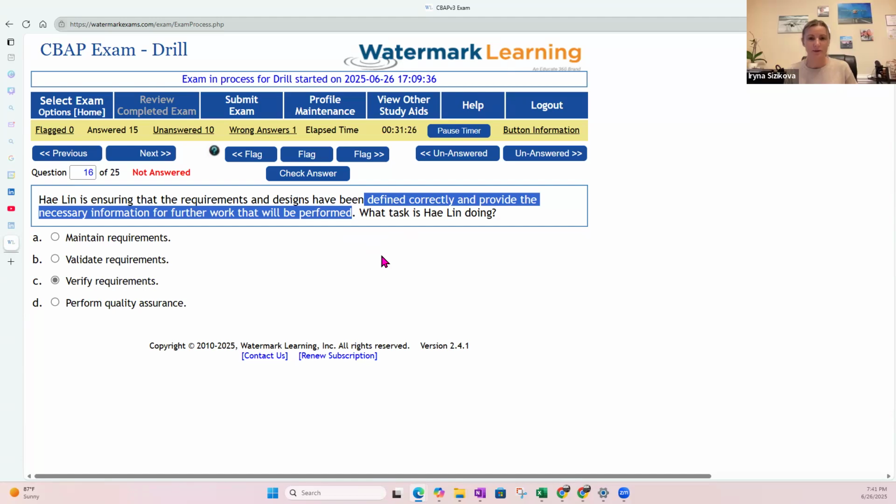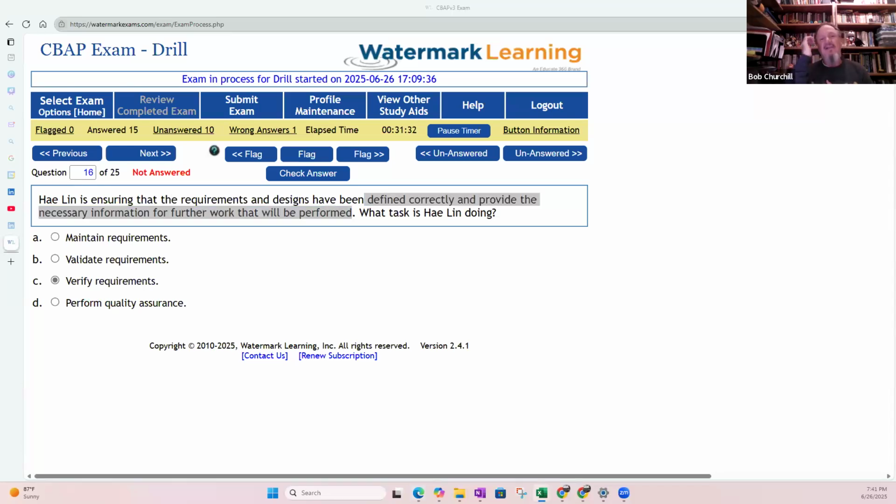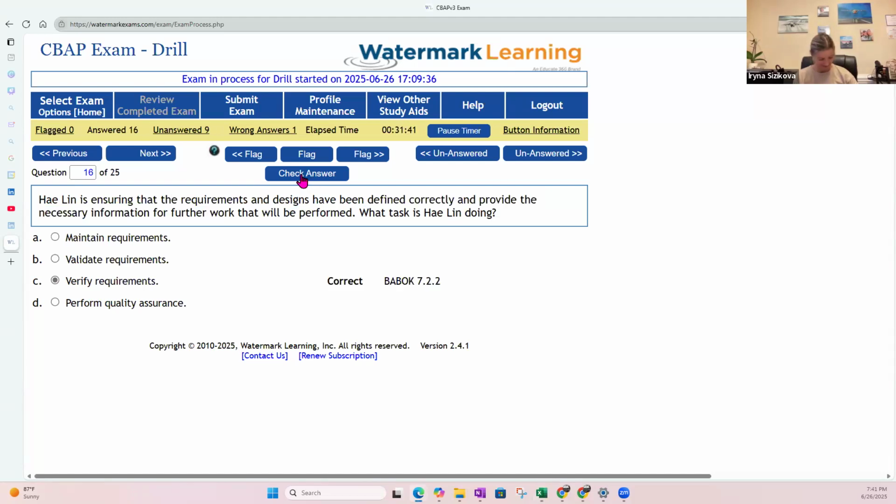See, that sentence contains elements of both, and I believe it is poorly worded. So we'll go with C. It's verify. Very good. So why does it say not B?